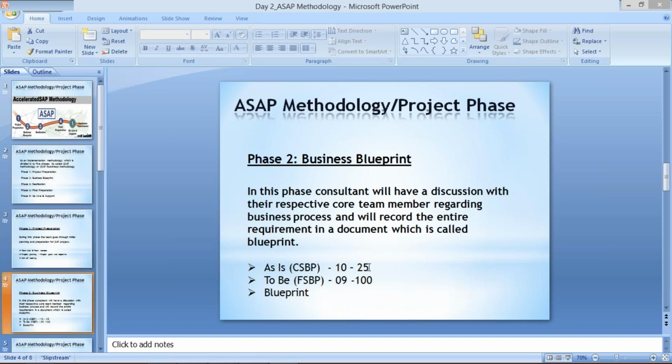For example, if they are managing all these activities through Tally, then they'll be able to fetch 25 different kinds of reports. Now here, once we receive the reply from the CTM, core team member, we go through the list which they have given.